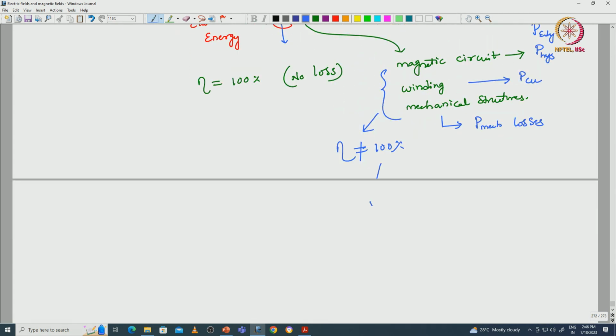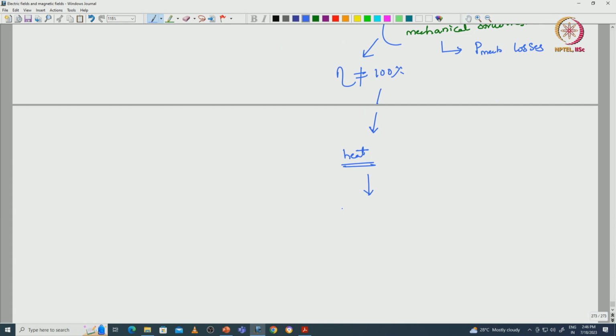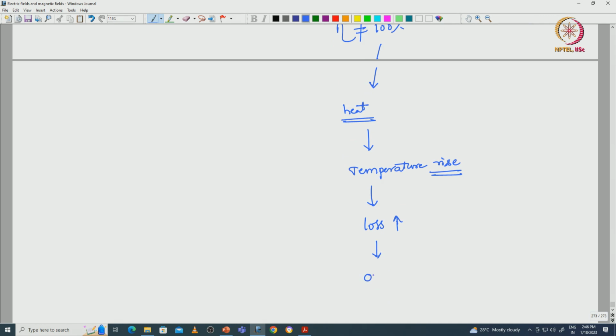These losses are dissipated in the form of heat. Because of this heat flow among the different parts of the machine, there will be a temperature rise. Because of this temperature rise, the loss in the machine will increase such that the output of the machine will come down.